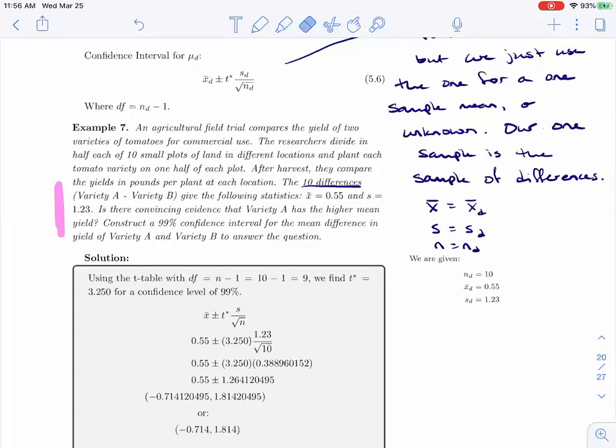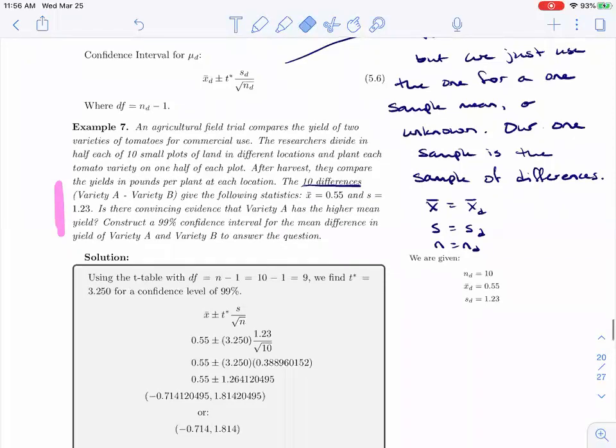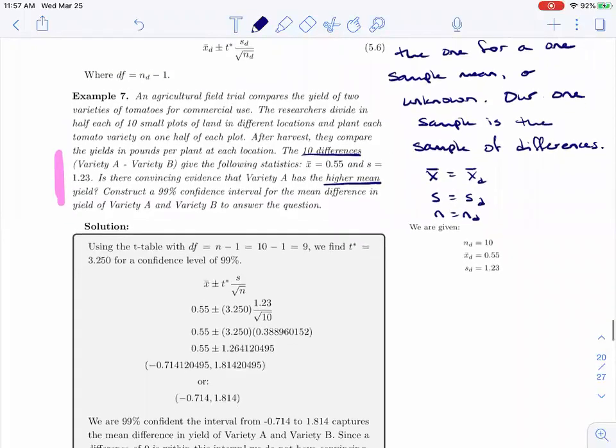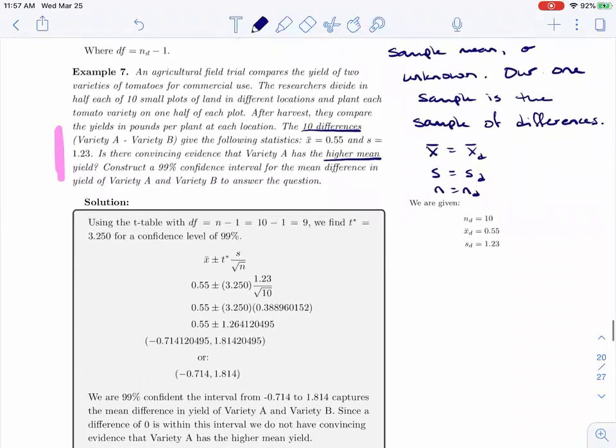Is there convincing evidence that variety A has a higher mean yield than variety B? Construct a 99% confidence interval for the mean difference in the yield of variety A and variety B to answer the question.